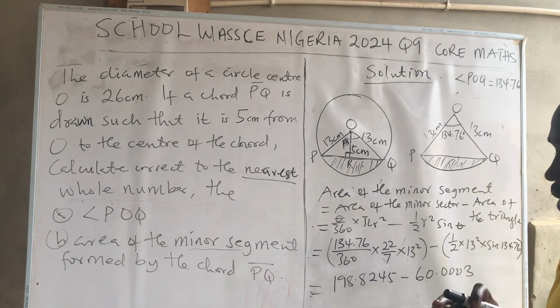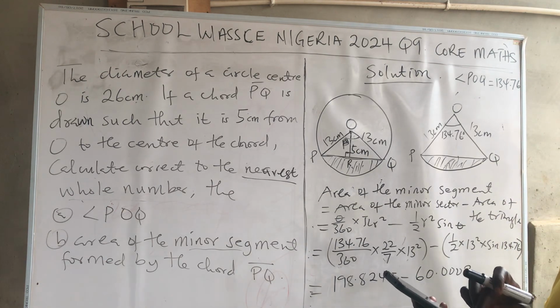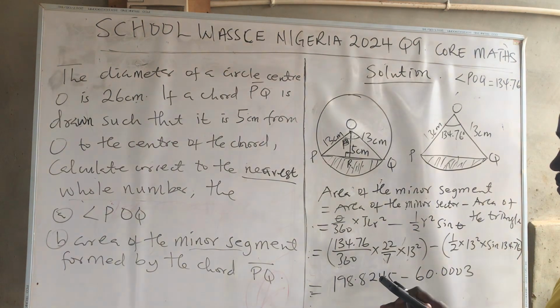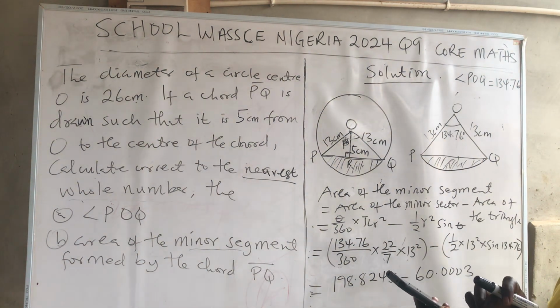Now let's do the subtraction: 198.8245 minus 60.0003.